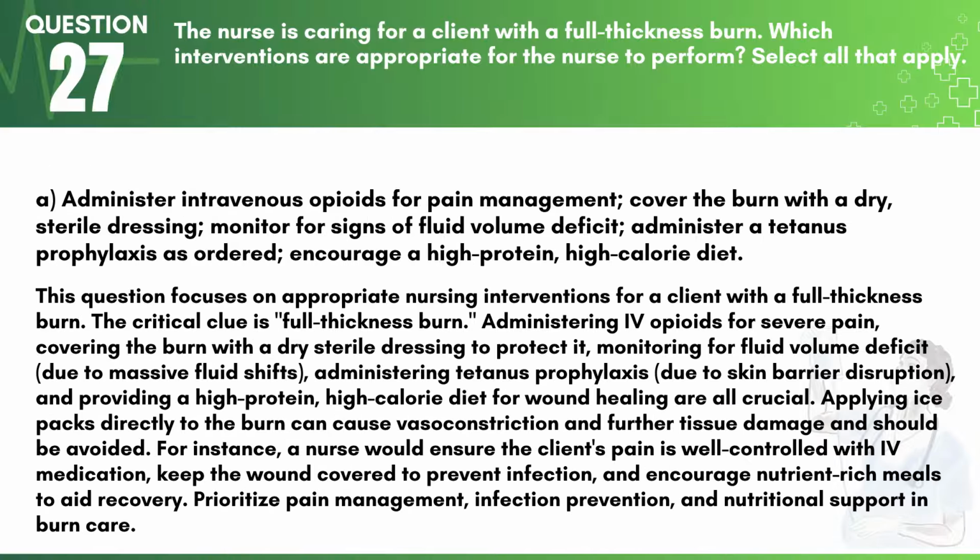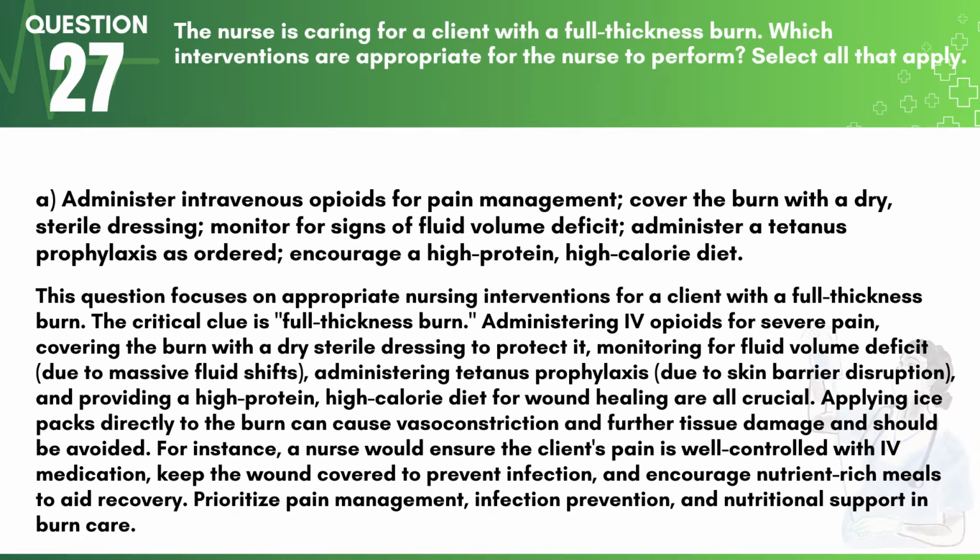Answer. Administer intravenous opioids for pain management, cover the burn with a dry, sterile dressing, monitor for signs of fluid volume deficit, administer a tetanus prophylaxis as ordered, encourage a high-protein, high-calorie diet. This question focuses on appropriate nursing interventions for a client with a full-thickness burn.